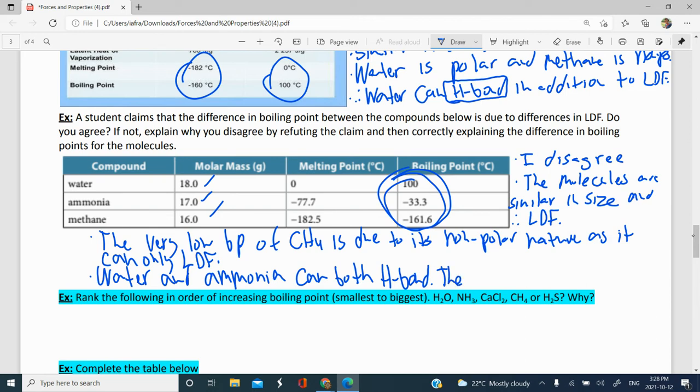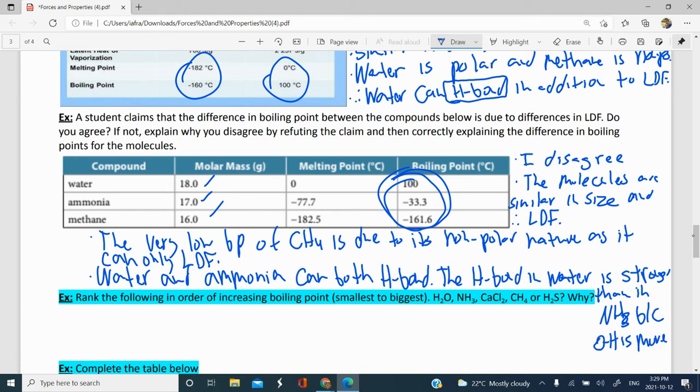The H bond in water is stronger than in ammonia, which is NH3, because the OH is more polar.